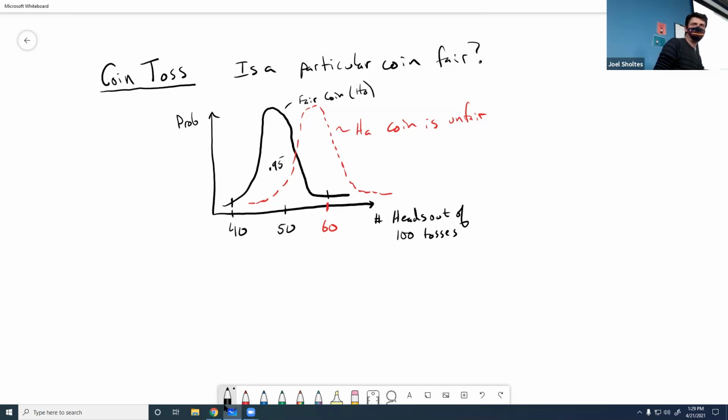So can we say that the coin is unfair if we get 60 heads?